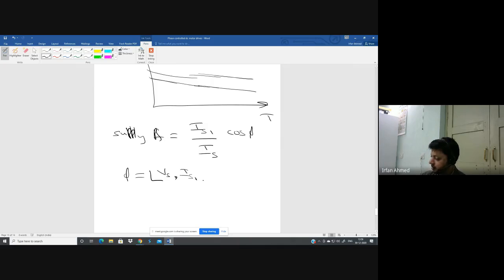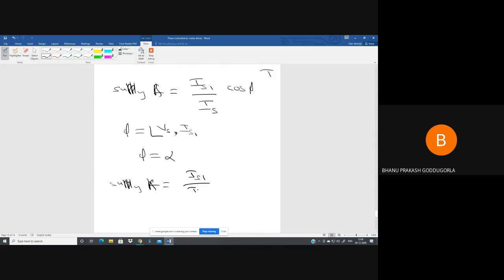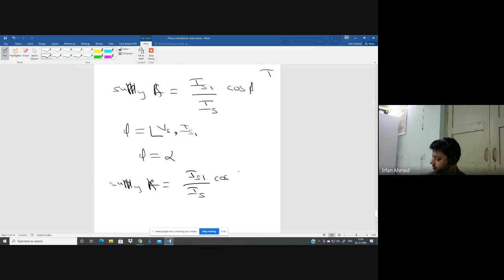Now, in case of the rectifier that we have just seen, this phi is equal to alpha. So your supply power factor becomes equal to IS1 upon IS into cos alpha.